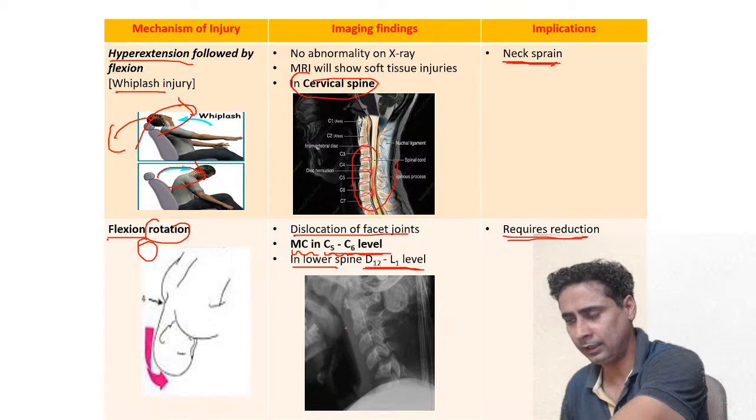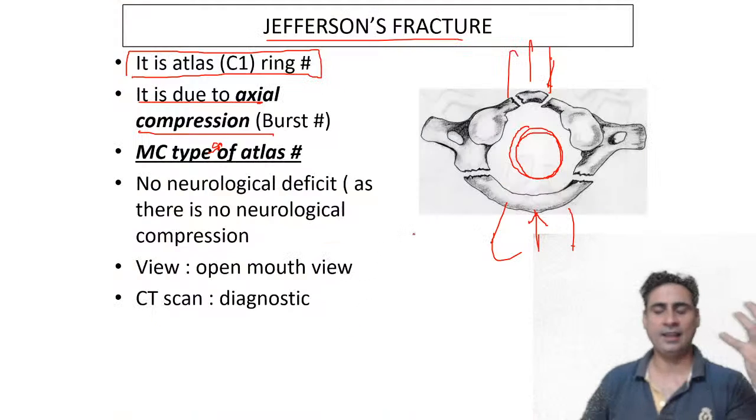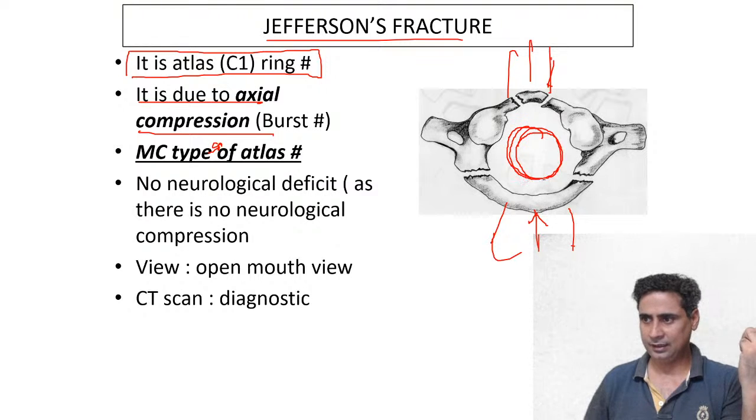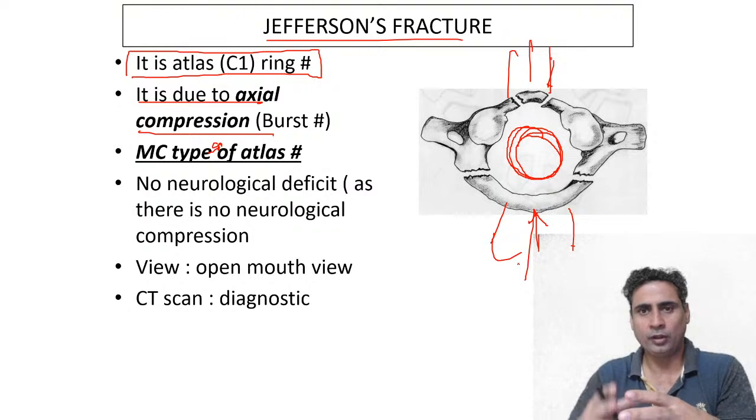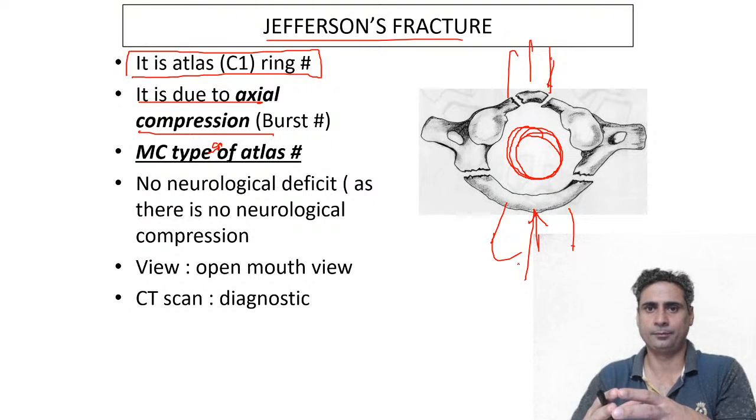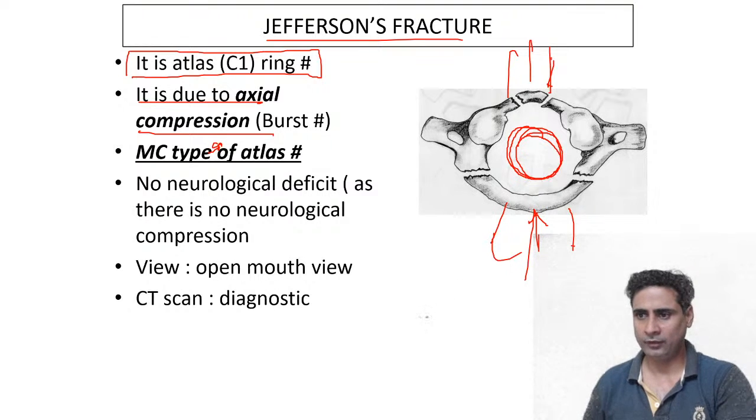Whereas in atlas it is an exception, the spinal cord is inside this ring of atlas, so there will be no compression of the spinal cord even though there is a burst fracture. So there will be no neurological deficit.